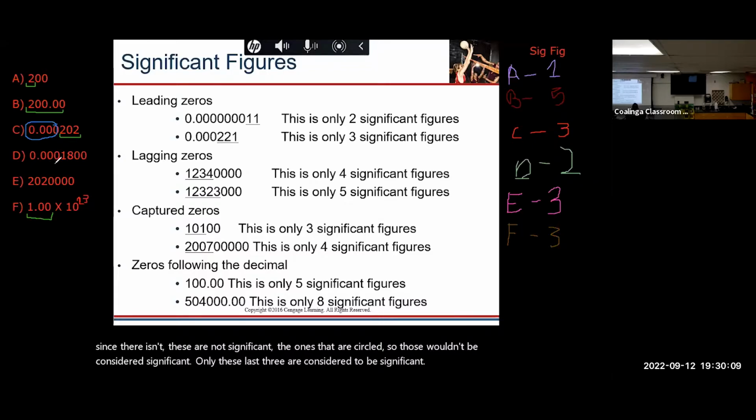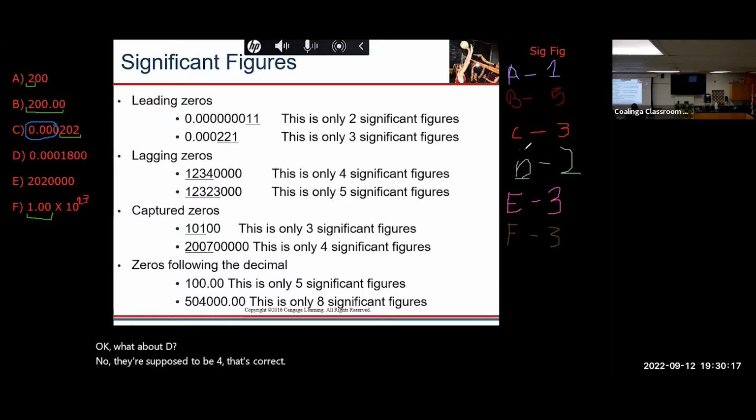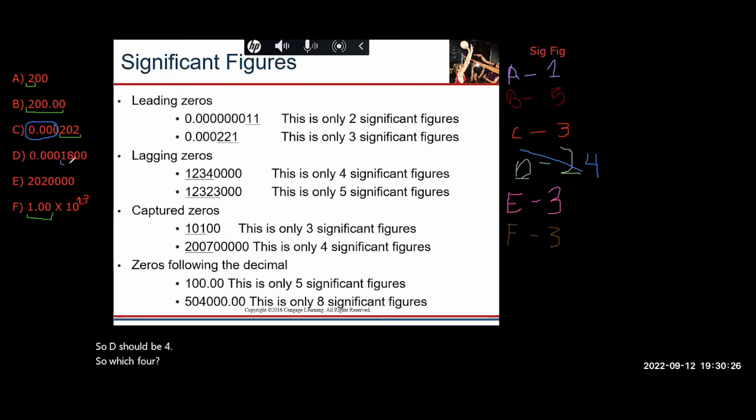Okay, what about D? No, it's supposed to be 4. That's correct. So D should be 4. Which 4? The last 4.